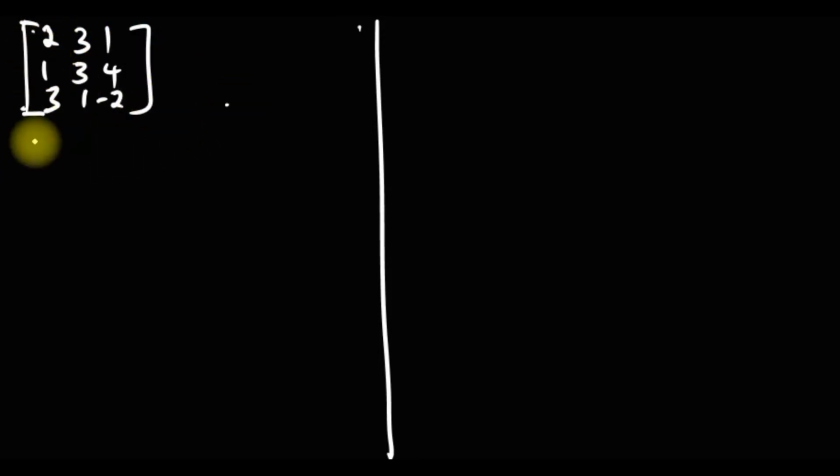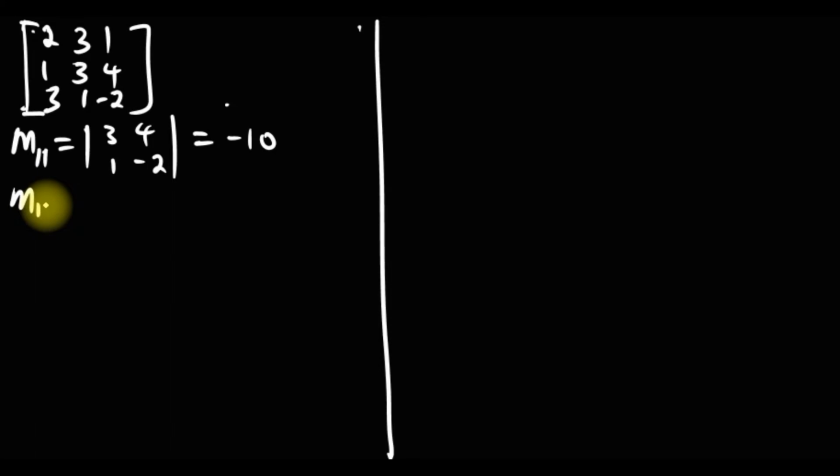So the first one, M11, which is the determinant of 3, 4, 1, minus 2, which is minus 6 minus 4, which is minus 10. For M12, we'll have the determinant of 1, 4, 3, minus 2, which is minus 2 minus 12, which is minus 14.